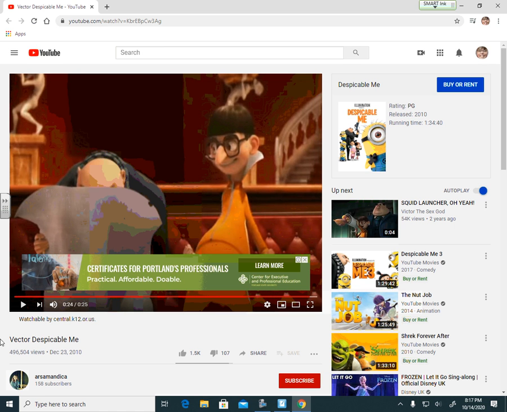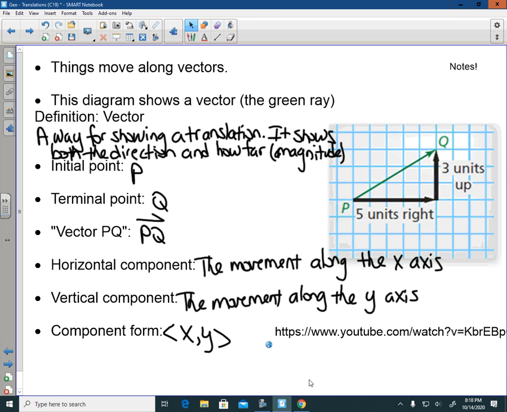Yeah, that's how Vector got his name, y'all. He's named after actual vectors because vectors show direct movement, both the direction and the magnitude, how far.